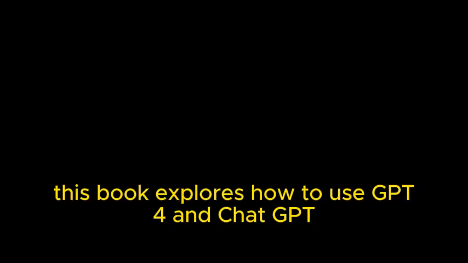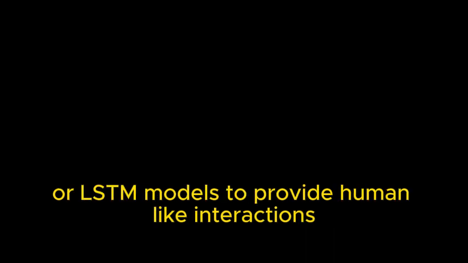By using self-attention and cross-attention mechanisms, transformers have greatly enhanced language understanding. This book explores how to use GPT-4 and ChatGPT, as they offer advanced capabilities for understanding and generating context. Building applications with them goes beyond the scope of traditional BERT or LSTM models to provide human-like interactions.